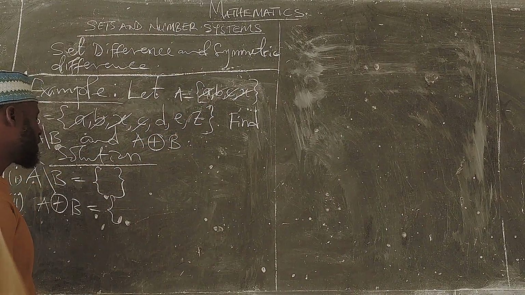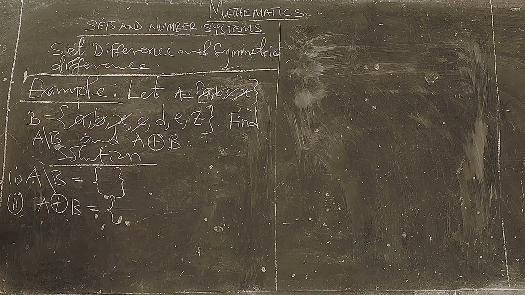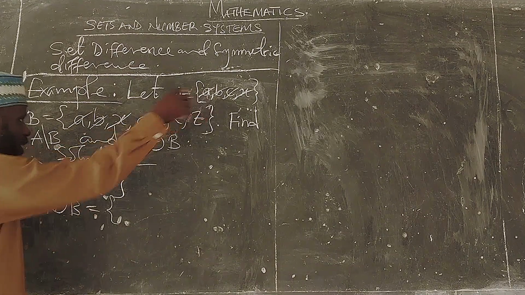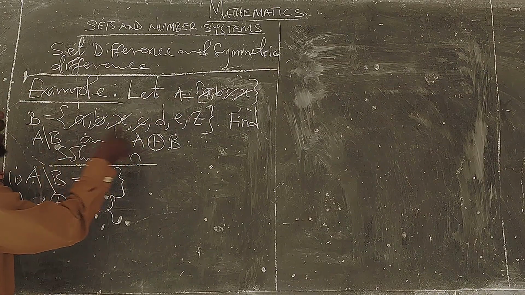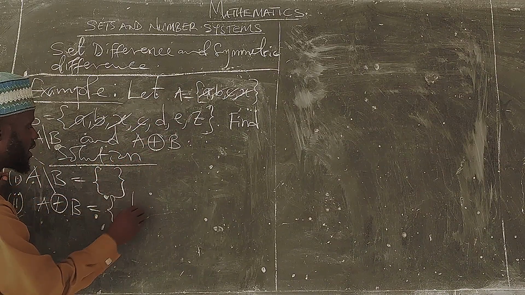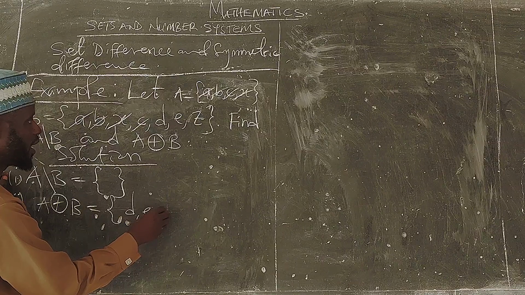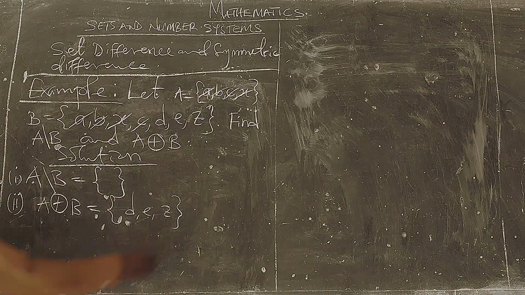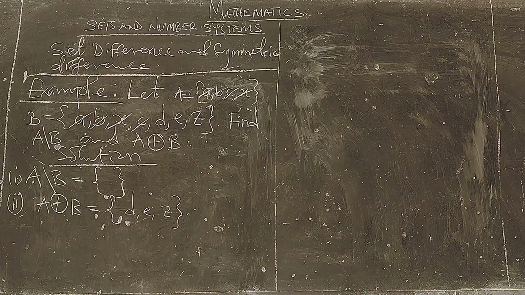The remaining elements in A is empty. There is nothing in the set A after taking the symmetric difference. So empty union the remaining elements, which are d, e, and then z. That is all. And this is what we have as the symmetric difference of A and B.